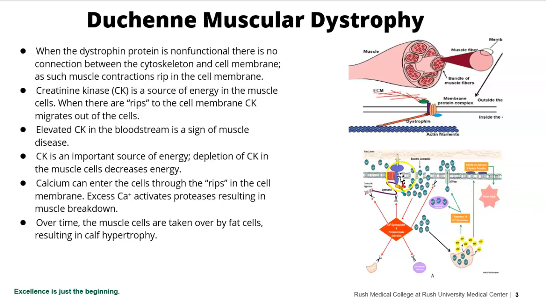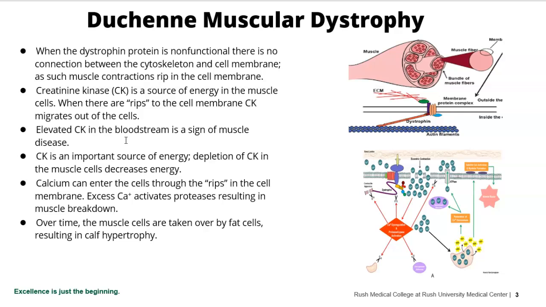When there are rips, little holes in the cell membrane, creatine kinase, or CK, which is a source of energy, gets outside the cell. In and of itself, it's just a sign that there's damage or rips in the cell membrane. Elevated CK in the bloodstream is a sign of muscle disease.